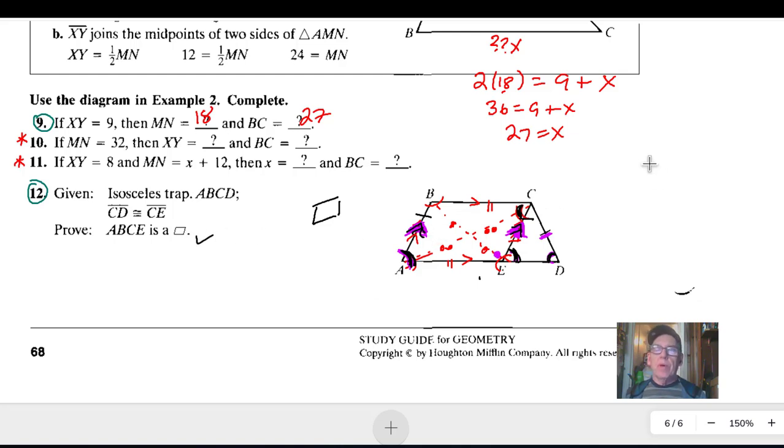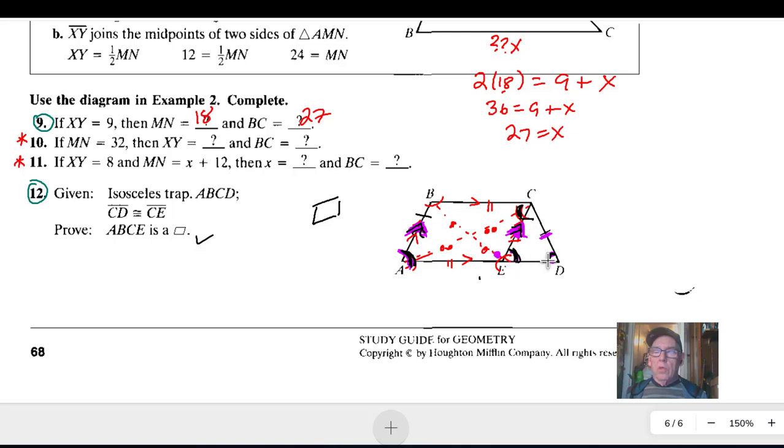So it's not exactly the best set of reasoning, but it kind of goes like this. You got this isosceles trapezoid, which gives you these outside legs congruent to each other. They're telling us that we have an isosceles triangle inside here, which lets us say that these sides are all congruent.